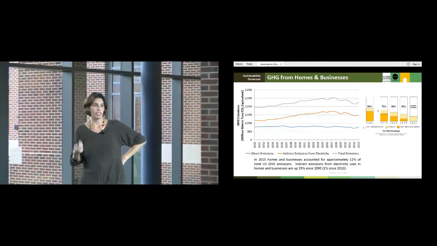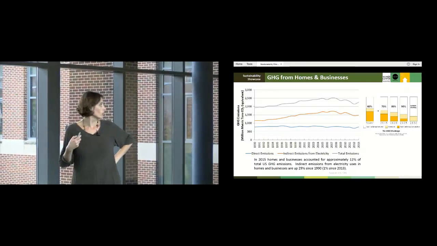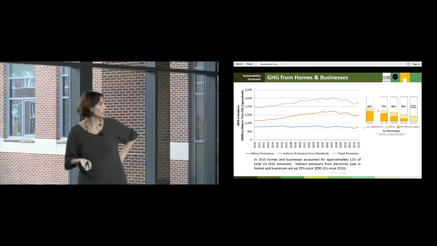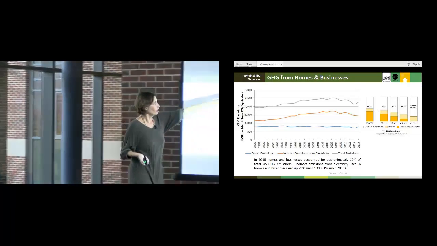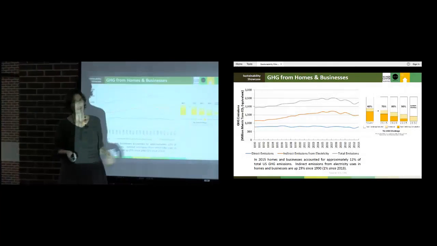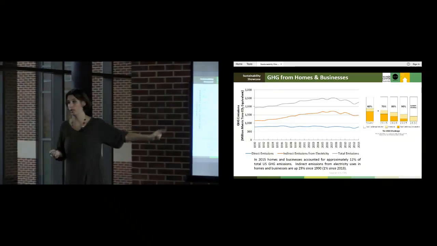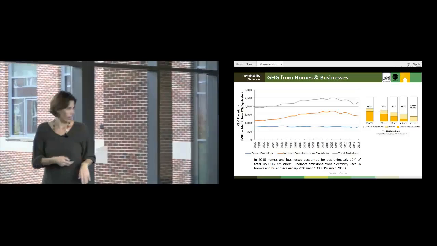So within the design professions, we've been challenged with something called the Architecture 2030 Challenge, which basically looks at what we need to do in order to reduce greenhouse gas emissions in buildings between now and 2030 in order to meet targets for reductions in greenhouse gas.